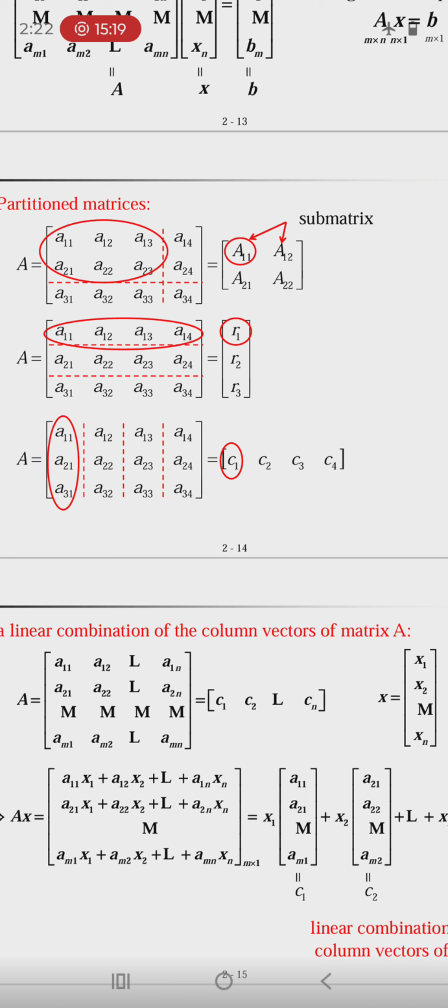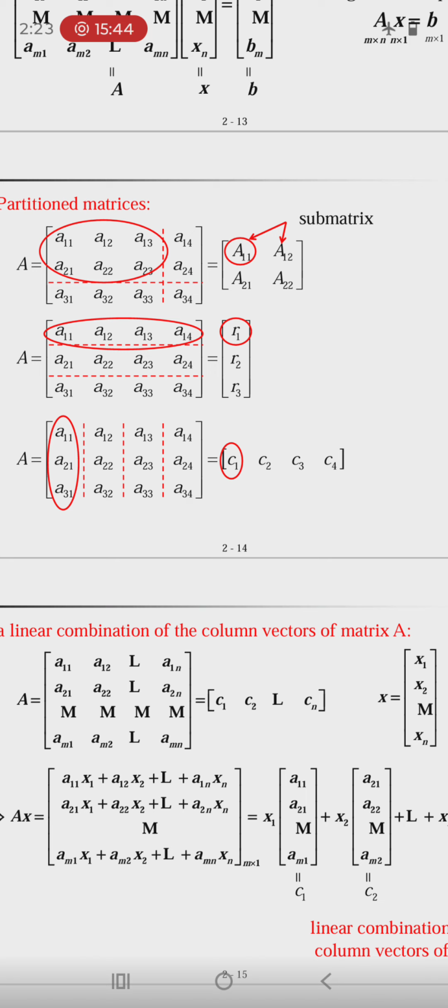Linear combination of the column vectors of matrix A. Matrix A has rows A11, A12, etc., A1n. Then second row A21, A22, etc., A2n, then etc. AM1, AM2, etc., AMn. This matrix's order is m by n.